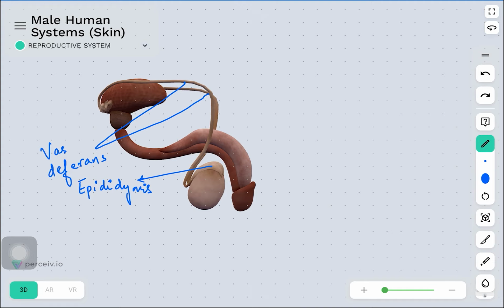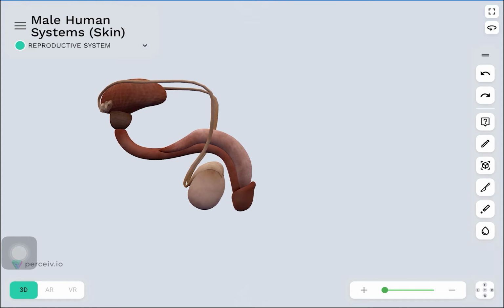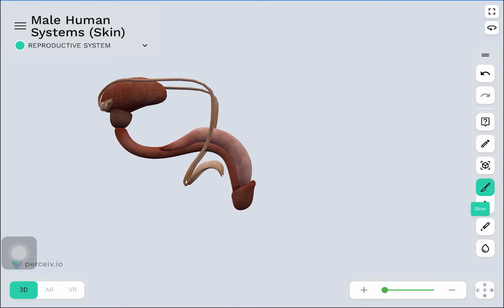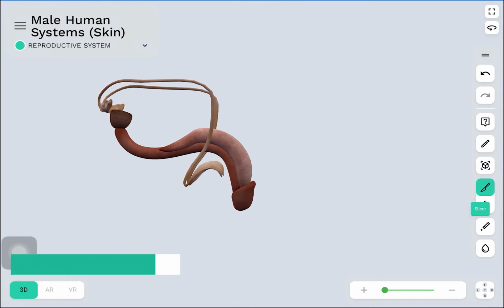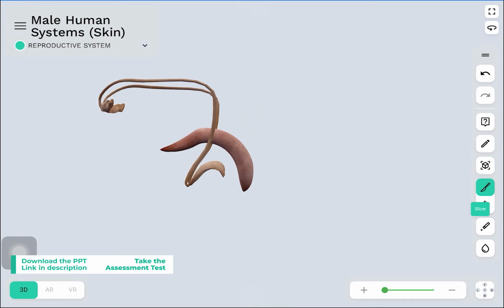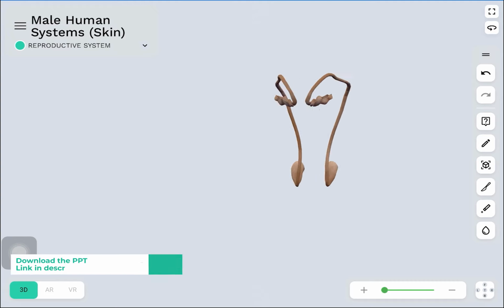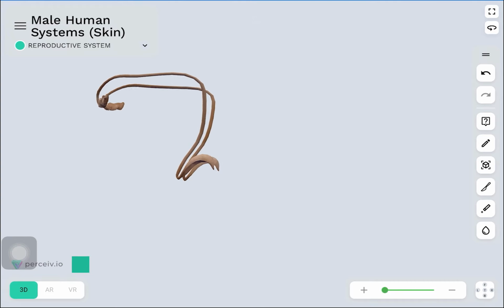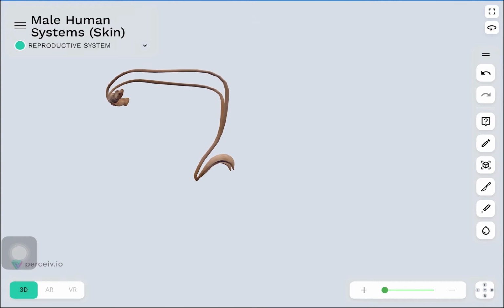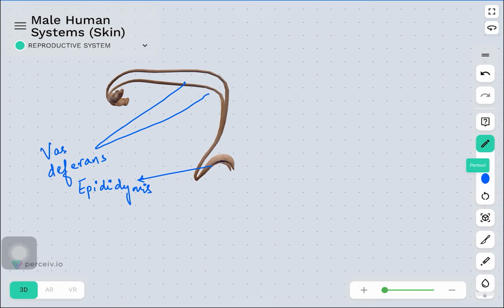Now, what are the functions of all these things? Now see, if we just slice out this portion, these 2 portions along with this and this part. All right, so you can see how it looks like. So this bulging portion is representing the epididymis, like this one.